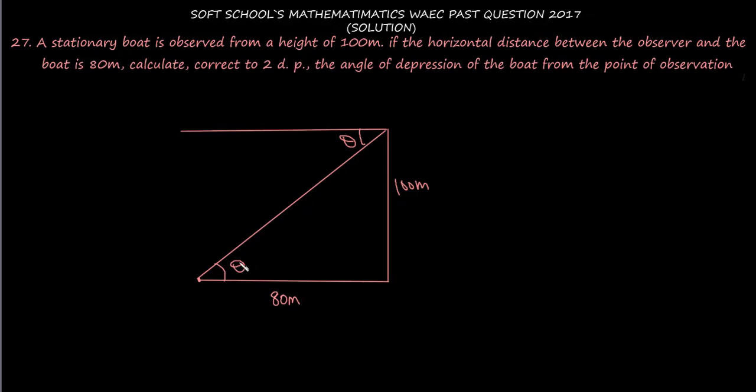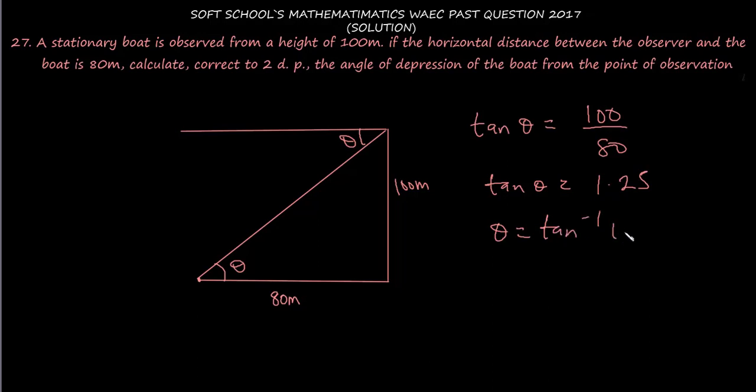So this place will also be theta, alternate angles. So you can now say opposite over adjacent. If you want to find your theta, you say tan theta is equal to 100 divided by 80. So tan theta is equal to 1.25.